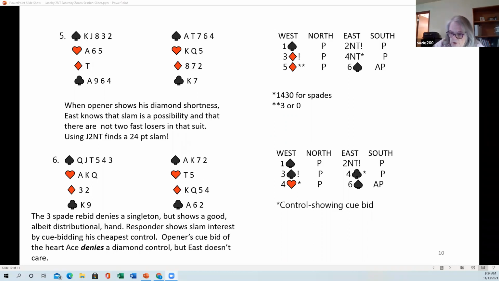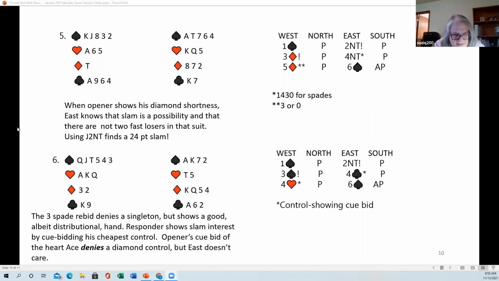That says, yes, partner, we have a 9 card fit and we're going to play game at the very least. But nobody uses splinters or Jacoby 2 no trump to find games. There are other ways to find games. The real advantage to Jacoby 2 no trump and splinters is in determining the degree of fit to figure out whether you have that low point slam available to you.